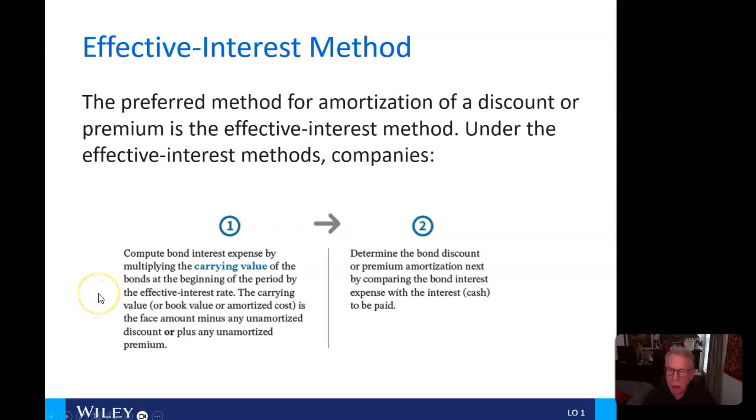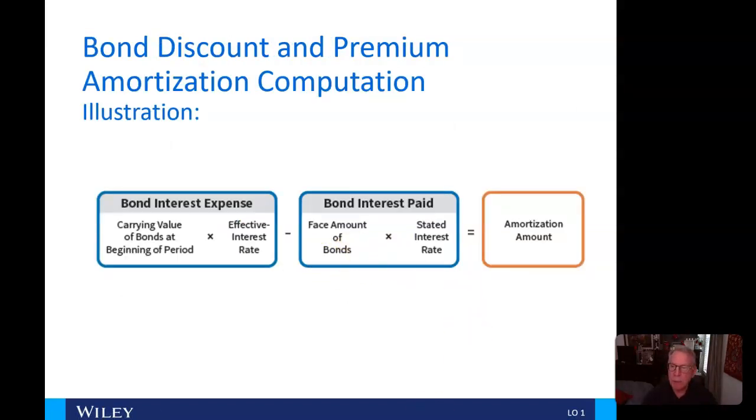The carrying value or book value or amortized cost is the face amount minus any unamortized discount or plus any unamortized premium. And from there, we can determine the bond discount or premium amortization by comparing the bond interest expense with the interest cash to be paid. Let's look at how we do that.